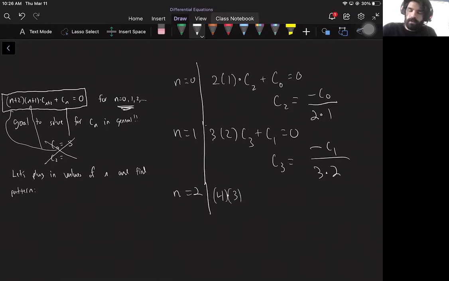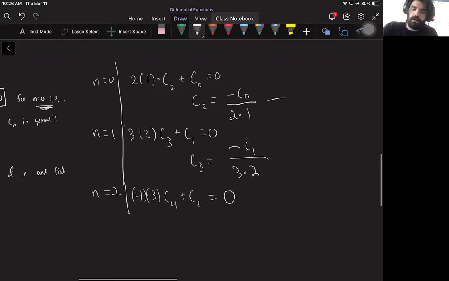So n equals 2, when I plug that in, I get 4 times 3, keep the pattern the same, times C4 plus C2 equals 0. But I already know C2 in terms of C0, so I can solve for C4 the same way. I subtract C2, divide by 4 times 3.